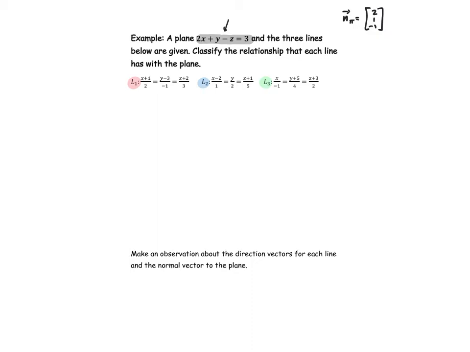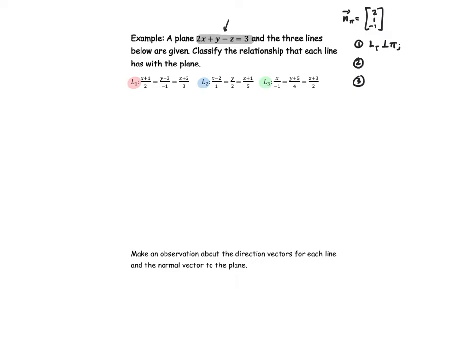Now as we consider, one of 3 scenarios will occur. The first scenario is that our line, let's call it L of t, will be perpendicular to pi.